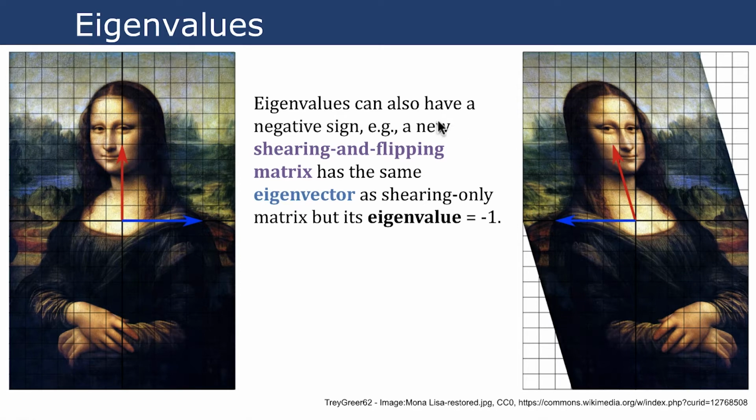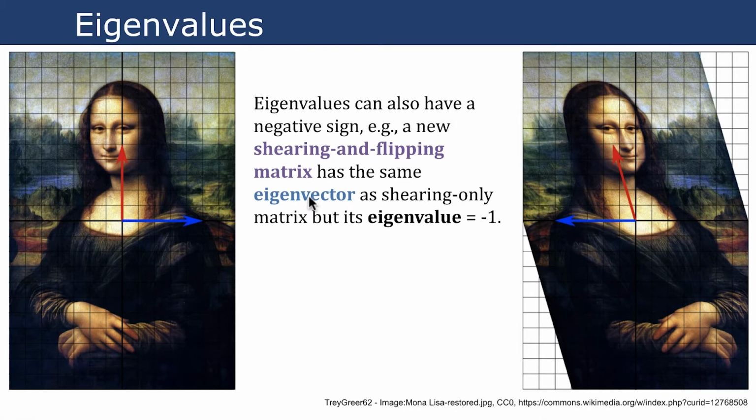So if we had a new matrix now that does shearing and flipping of the image it's applied to, then this blue eigenvector would have a negative eigenvalue. The red vector is definitely not an eigenvector because it gets knocked off its span. It's no longer pointing up or perfectly down.